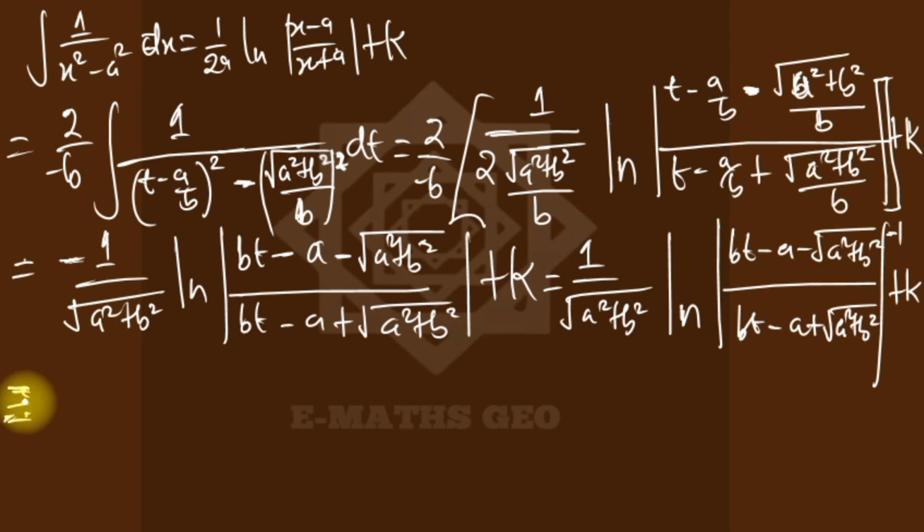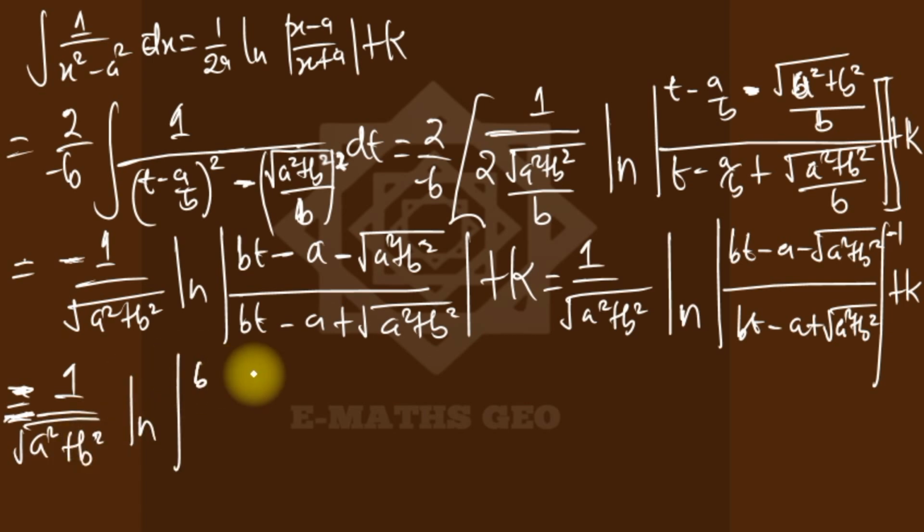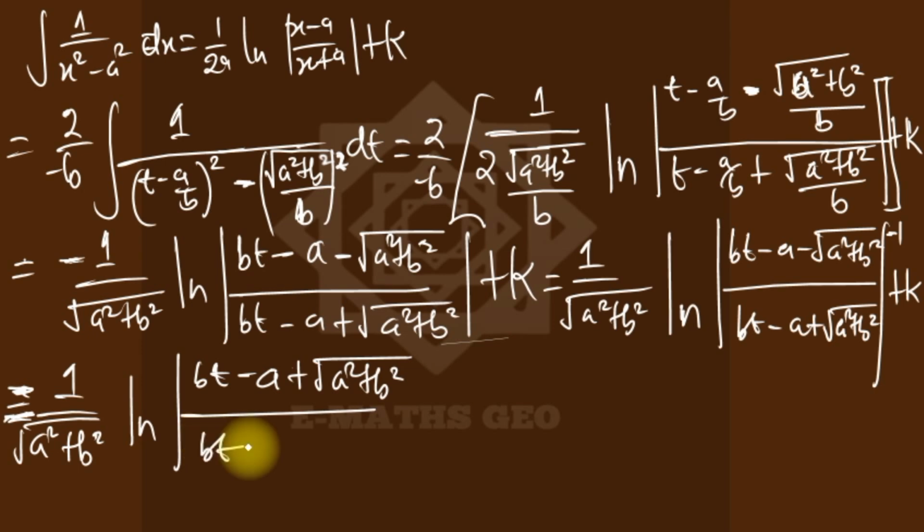So this is equal to 1 over the square root of a squared plus b squared times ln of, because of the minus 1 up there, laws of indices, we reciprocate: bt minus a plus this over bt minus a minus the square root of a squared plus b squared, plus k.